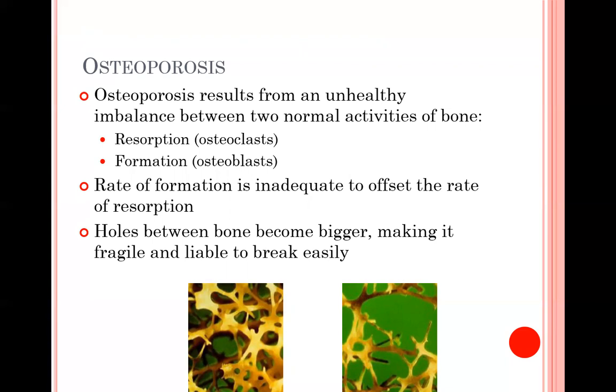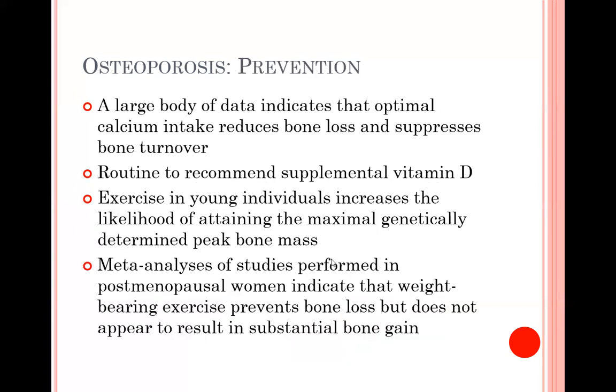This is sort of a normal process that's happening. Your bones are sort of turning over. But the rate of formation is inadequate to offset the rate of resorption. So they're resorbing faster than they're forming. Therefore, we get holes in the bones. They become bigger and bigger, making them more frail and easier for patients to break a bone.